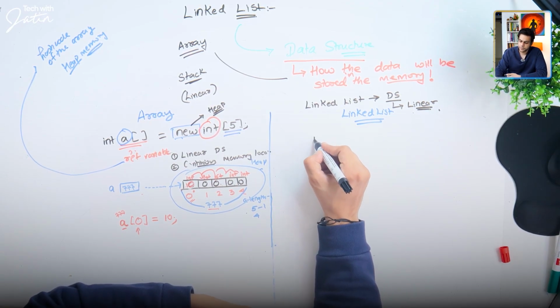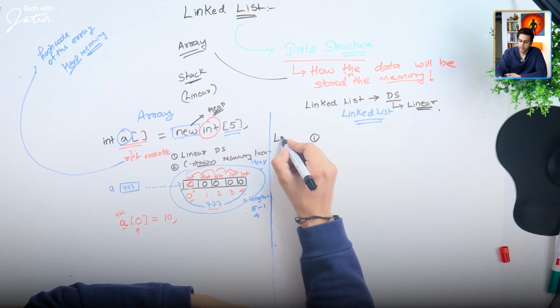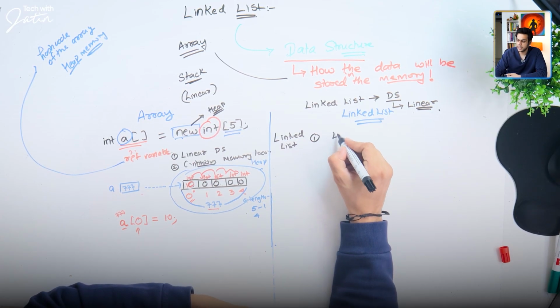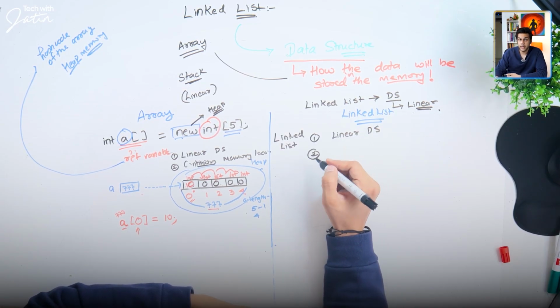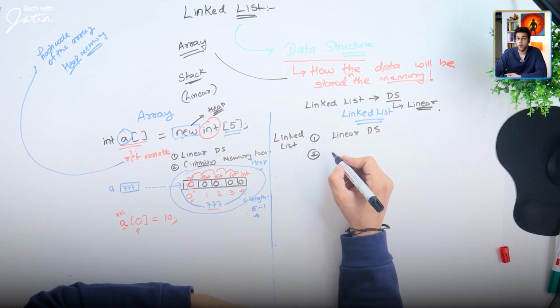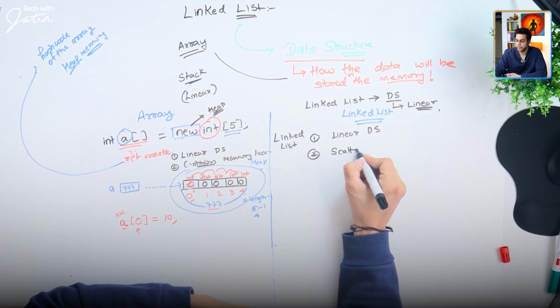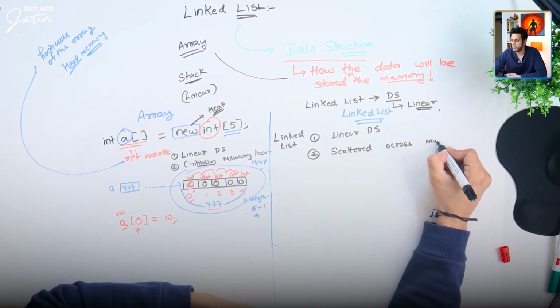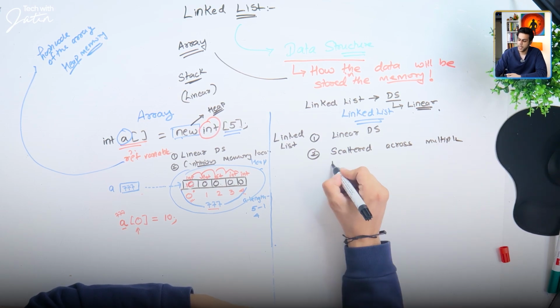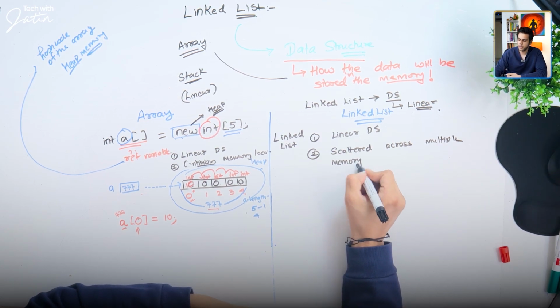Over here, guys, in a linked list, the data or your values are always going to be scattered across multiple memory locations.